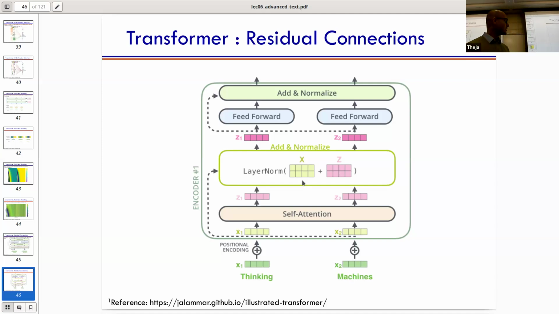What layer norm is, we'll see in a second, but basically we have X which went through the self-attention and also X which did not go through the self-attention. X which went through self-attention got Z1, Z2. Let's put them one on top of the other. That's this pink color here. Things that did not go through self-attention, we just put on top of each other, and that's the X here. Okay. So what is layer norm?